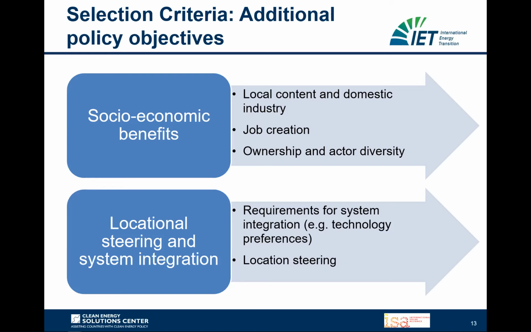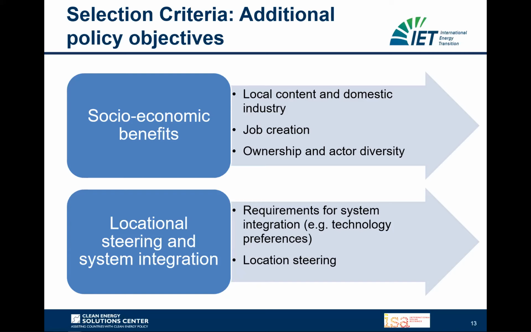So one of them is local content and how to establish a domestic industry so that you create an innovative industry in your country, that you create the associated job effects, for instance, and that you also maybe create spillover effects to other industries around your country.